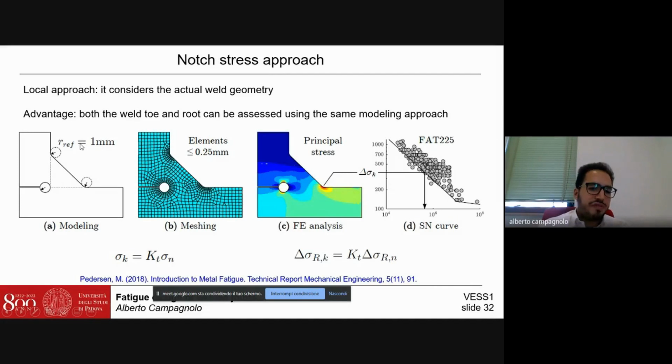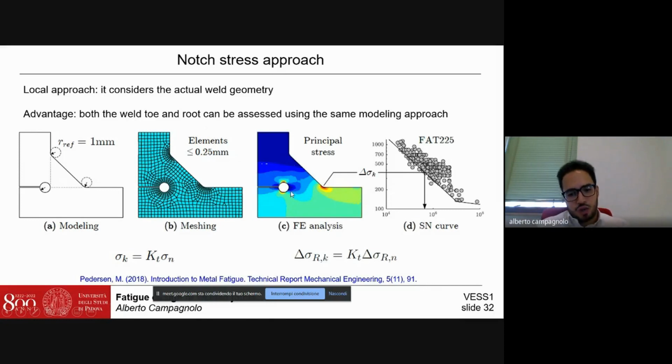So we have to modify the actual geometry of the welded structure by introducing a blunt notch with a radius equal to 1 millimeter. After that, we have to define a mesh, and the mesh should be refined close to the critical location of the joint to reach convergence of the stress parameters close to the toe and root side.